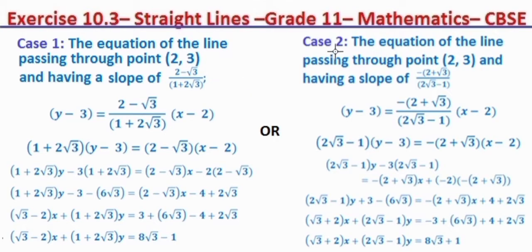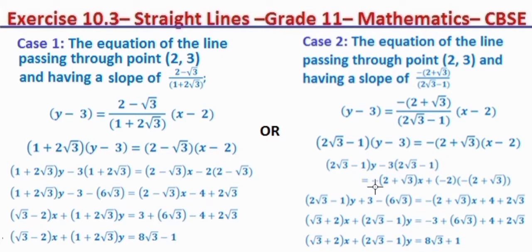If the other slope is negative of (2 plus root 3) by (2 root 3 minus 1), when we apply the same formula, (2 root 3 minus 1) times (y minus 3) is equal to minus of (2 plus root 3) times (x minus 2). So (2 root 3 minus 1) times (y minus 3) will be the left hand side of the equal symbol.